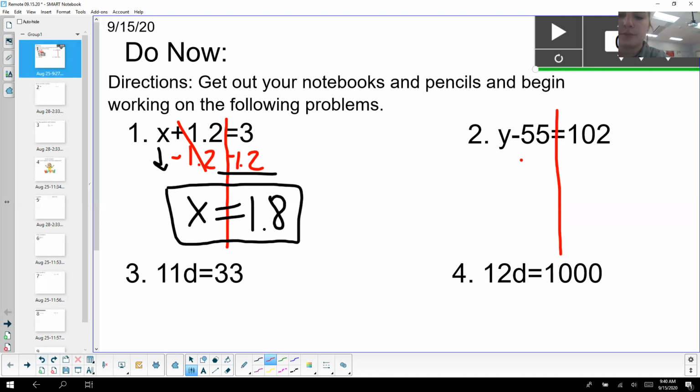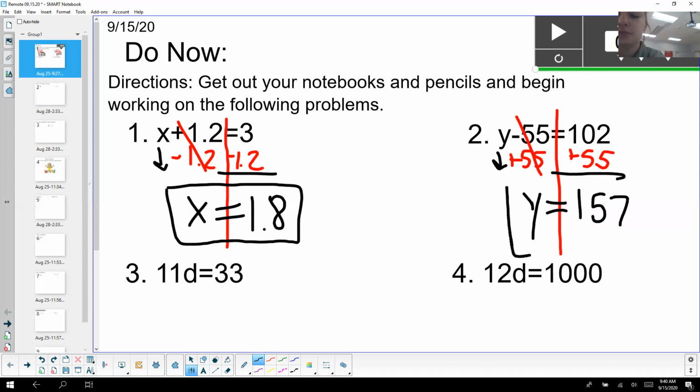I can add 55, because remember, subtraction and addition cancel. If I add 55 to both sides, that's going to cancel. I'm going to bring down my y. So y equals, then 102 plus 55 is going to give me 157.